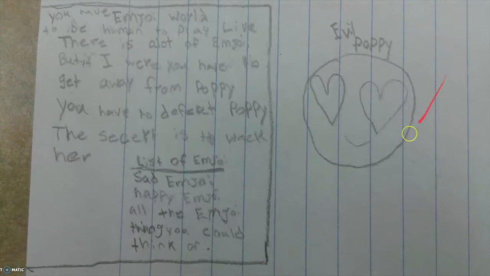In this case, this is the villain of the game, an evil Poppy, who is apparently the bad guy, according to this plotline, where it's established that the game is an emoji world, where you're a human just trying to get away from a bunch of evil emoji, and you have to beat this Poppy. So there's a setting established, and a basic premise.